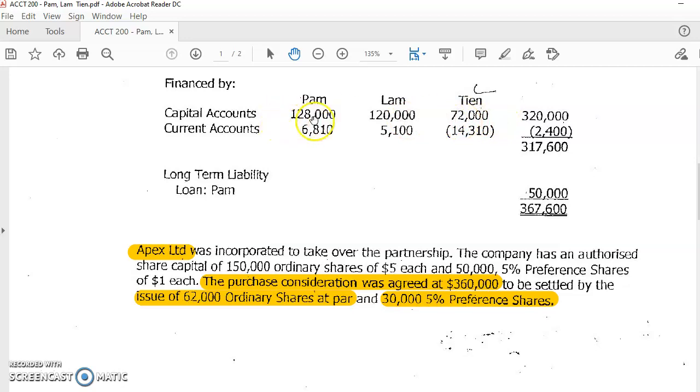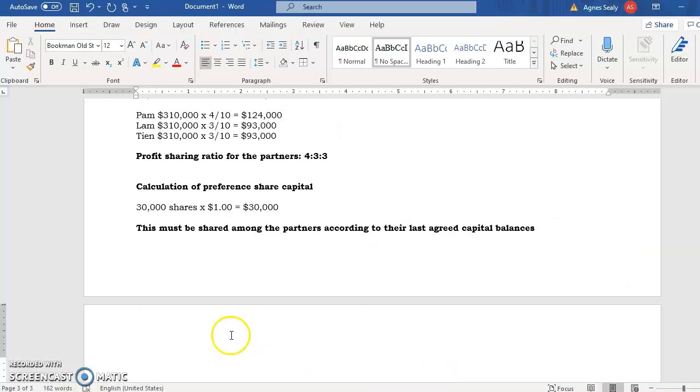If we drop the last three zeros, the ratio is 128 to 120 to 72.